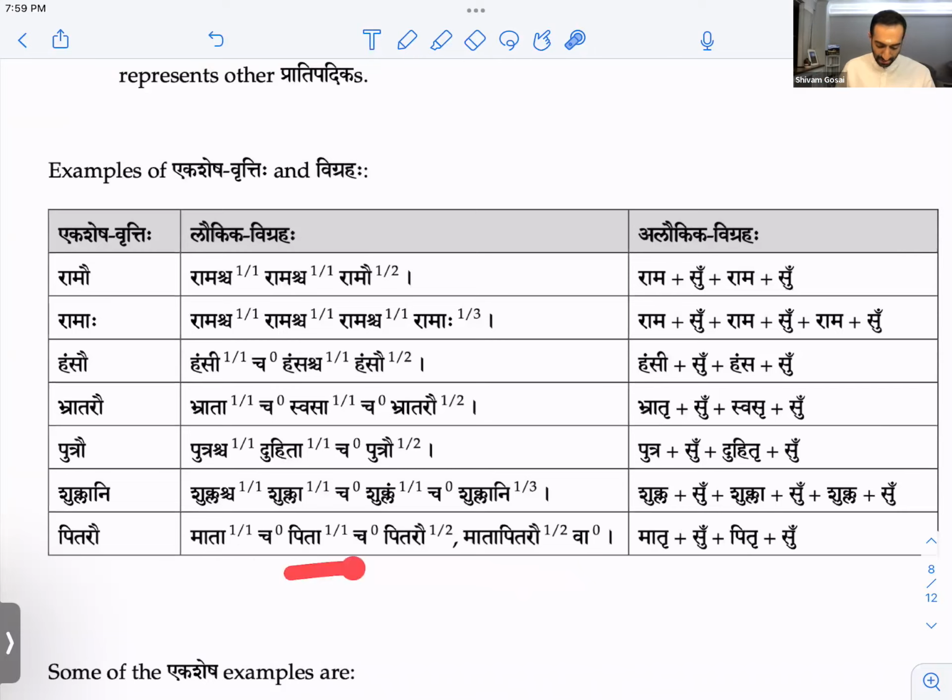Mata cha, pita cha. If I say mother, mata, and pita, father, instead of saying both of those, I can actually keep, and of course, because of gender bias, you keep the masculine one, pitaro. So I can just say pitaro, and it will stand for mata and pita.